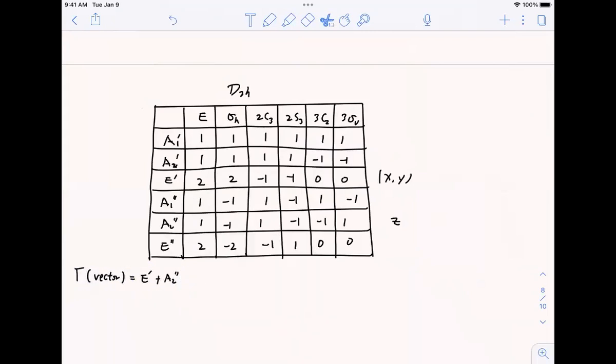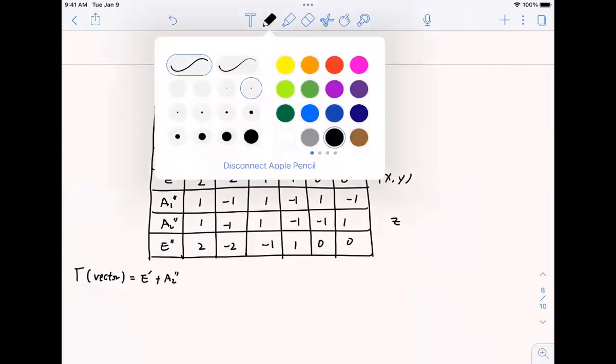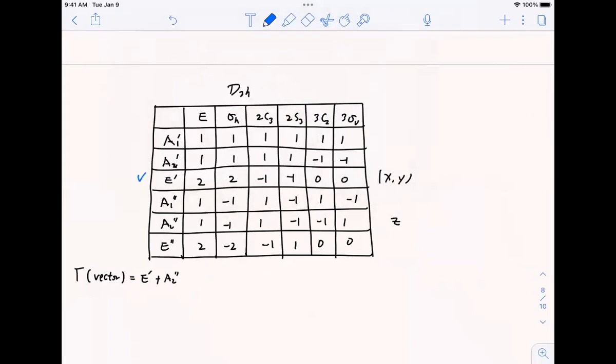Then you can already get the trace. So this one and this one, then you sum over it. You get 3. And then this sum over, you get 1. This sum over, you get 0. This sum over, you get -2. This is -1, and then this is 1. So this is the trace when you transform a vector.